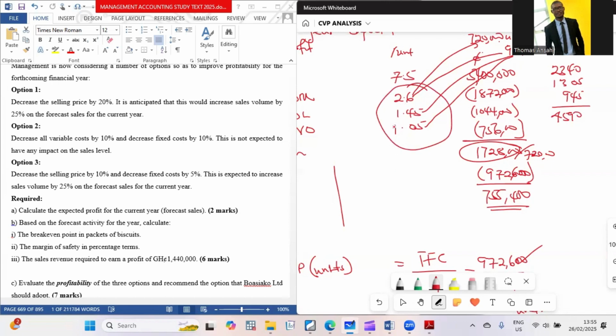If I pick 2.6 plus 1.45 plus 1.05, that gives me 5.1, multiplied by 900. I just want to see if it gives me this figure. It is giving me something different. Either I punched it wrongly.